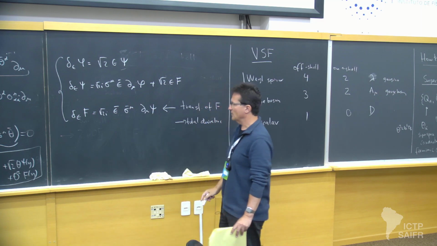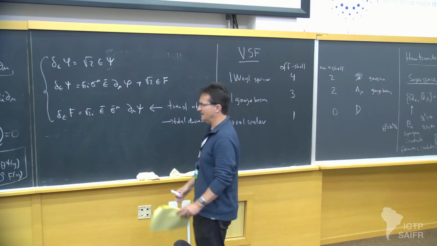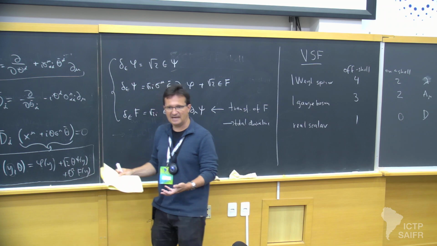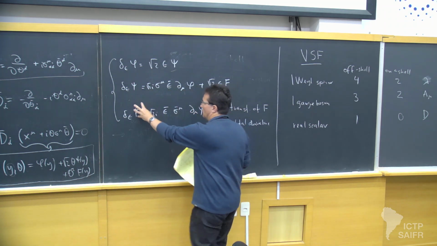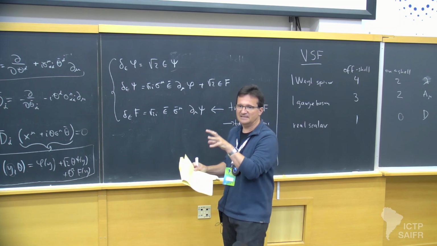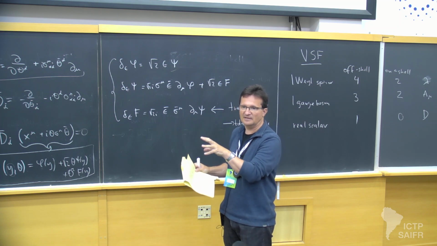What this means is that if I take a chiral superfield and pick out its highest component, that will be something that is automatically invariant under supersymmetry.